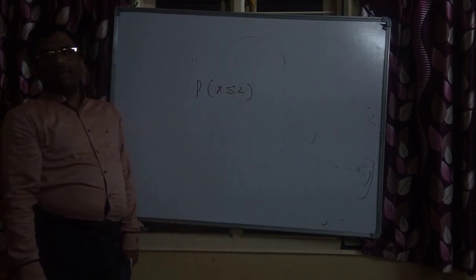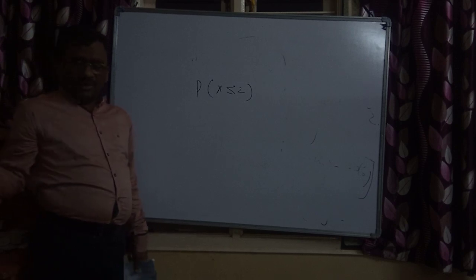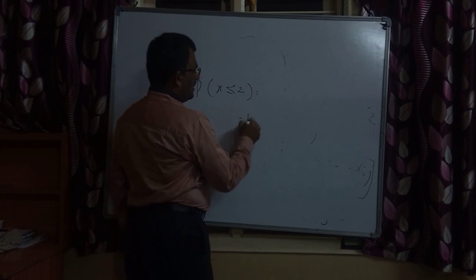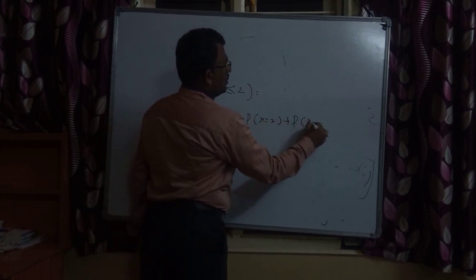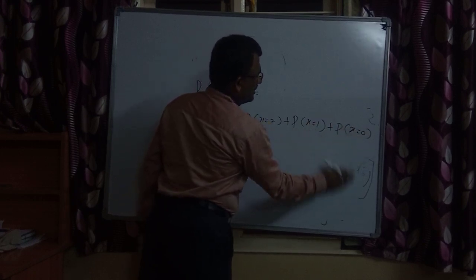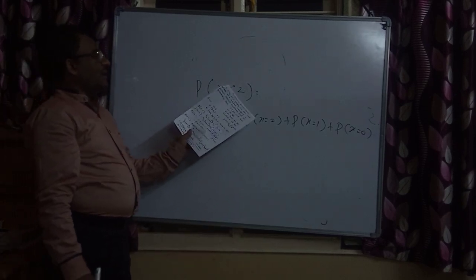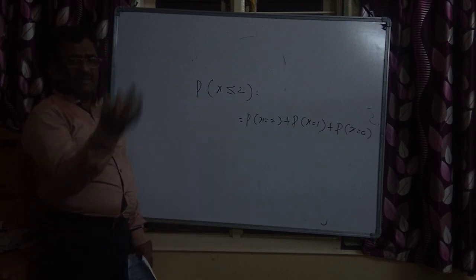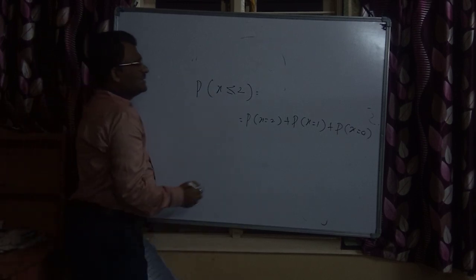Maybe 2, maybe 1, maybe 0. I'm going to reverse direction: maybe P of x is equal to 2, maybe P of x is equal to 1, maybe P of x is equal to 0. Try to understand how the series is changing. If you say less than, I am going from 2 to 0. If you say more than, I am increasing the series, maybe 1, 2, 3, 4, 5, 6 like that.